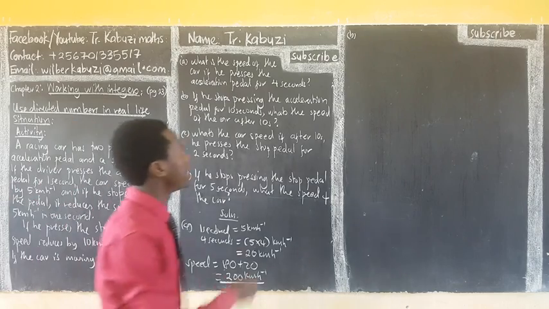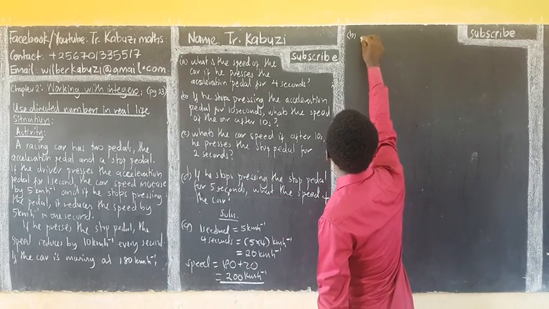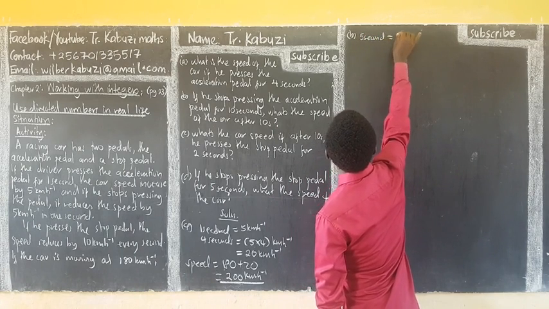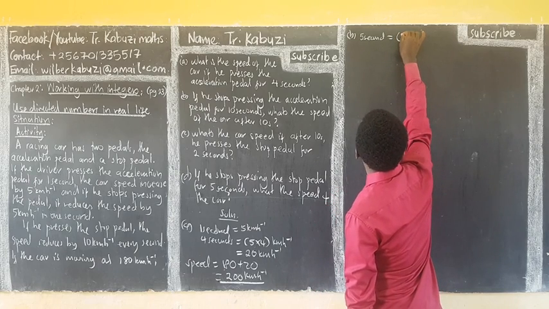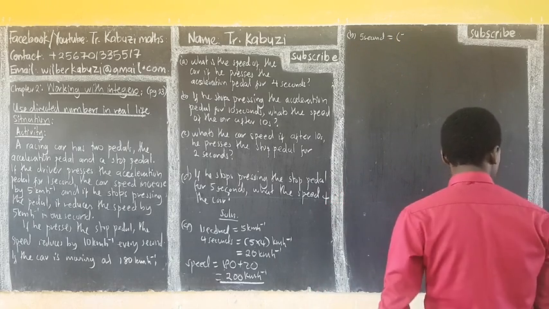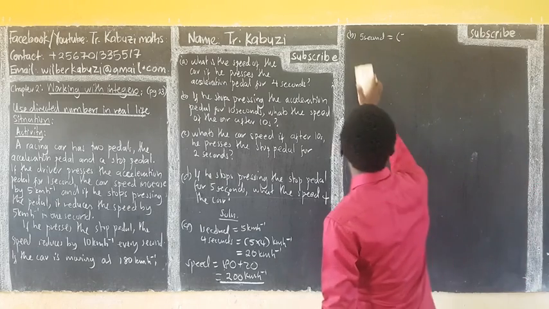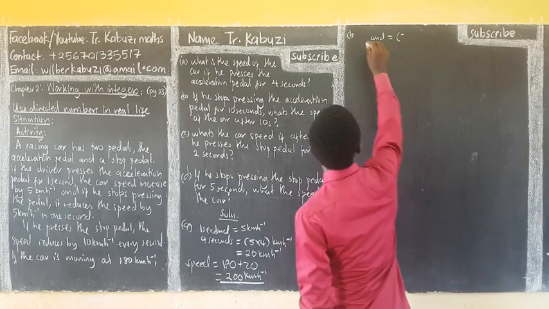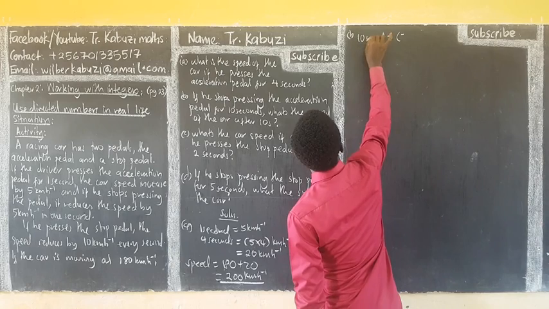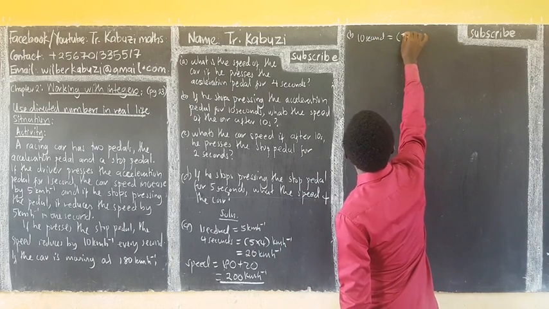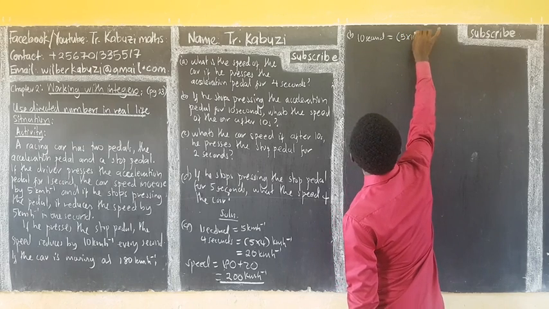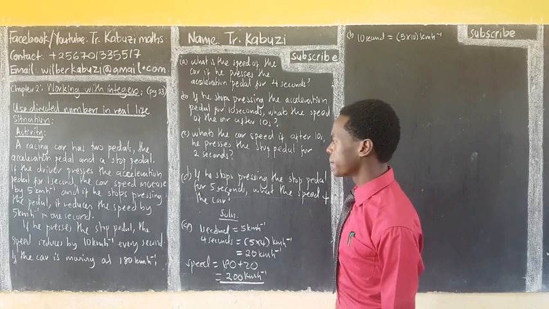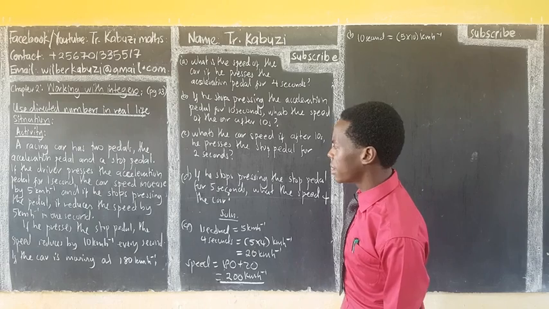So this is what they did: 10 seconds will be equal to 5 times 10 kilometers per hour.